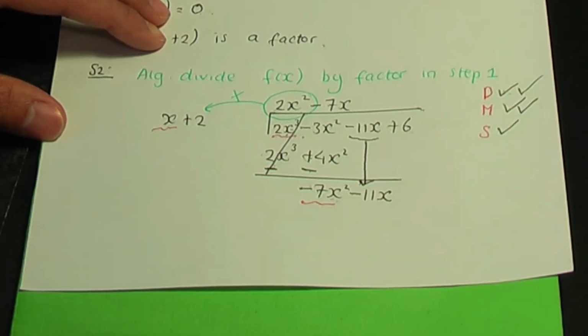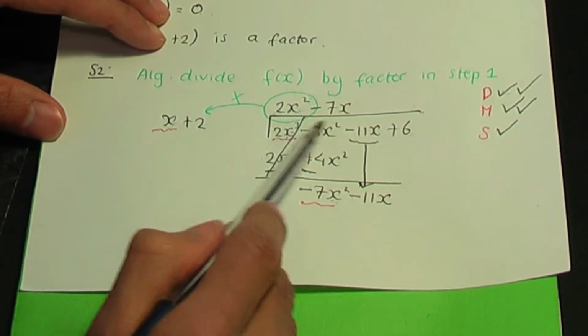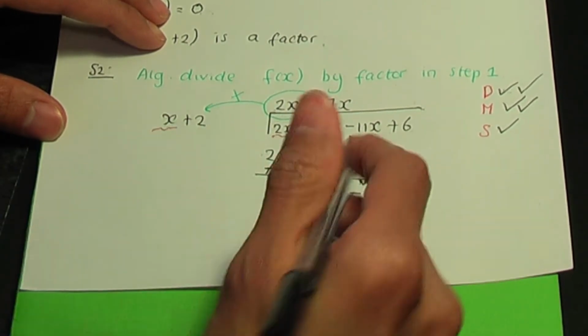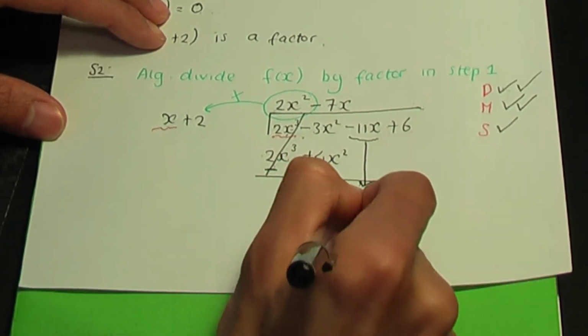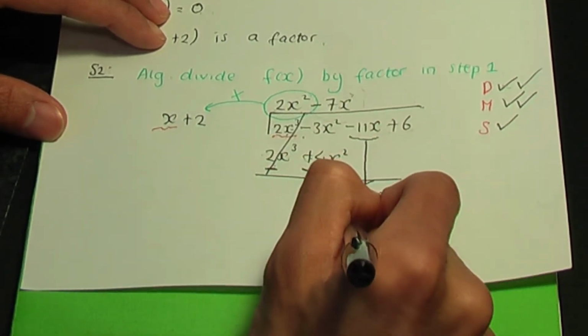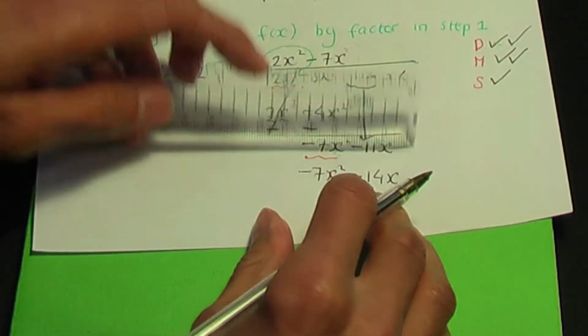Next operation is multiply. So now we multiply minus 7x by x plus 2. Minus 7x times x is minus 7x squared. Minus 7x times plus 2 is minus 14x. Okay?